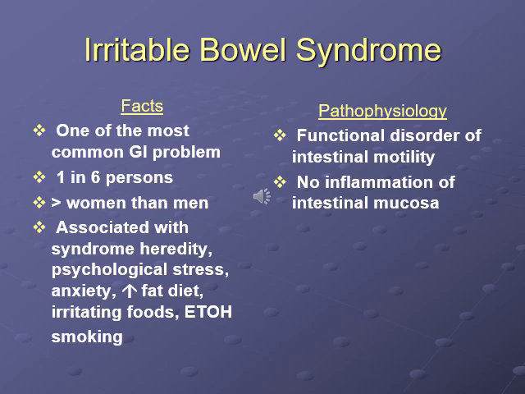This is greater in women than men. And basically, it's just a spastic contraction of the bowel that affects the intensity by which peristalsis will propel the fecal matter forward. So again, no inflammation, more an intestinal motility and spastic contraction type etiology or pathophysiology.